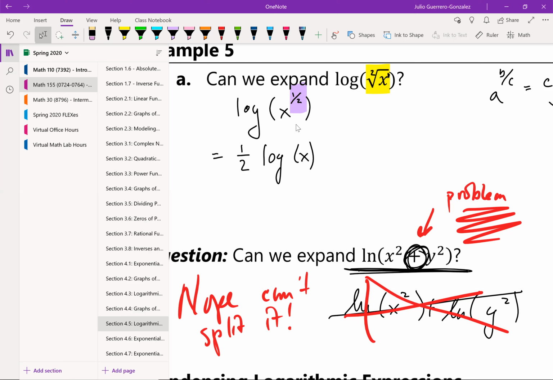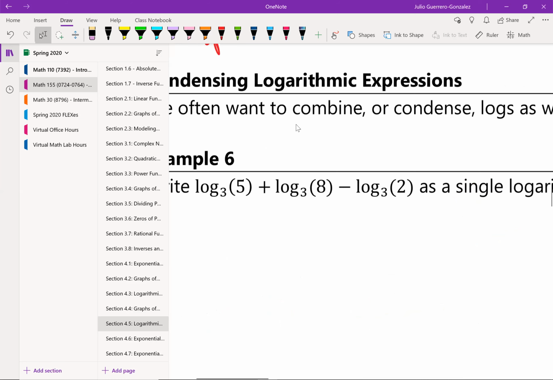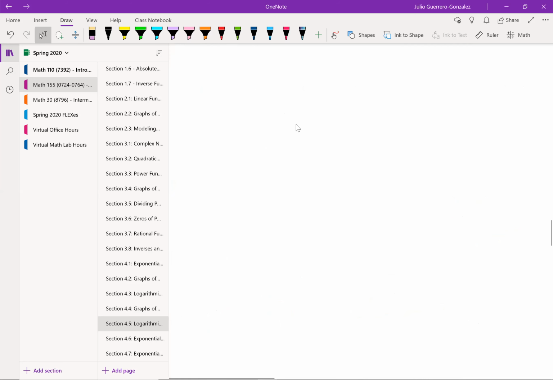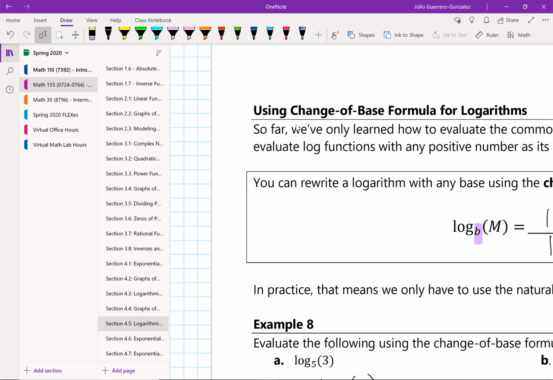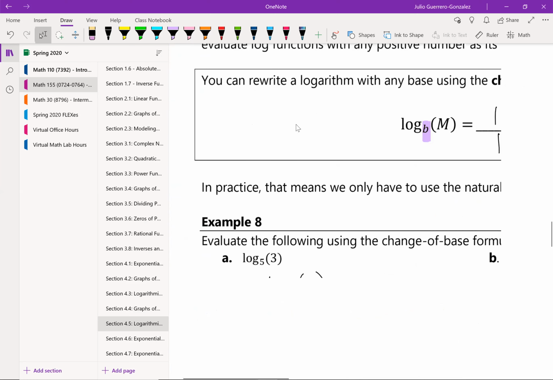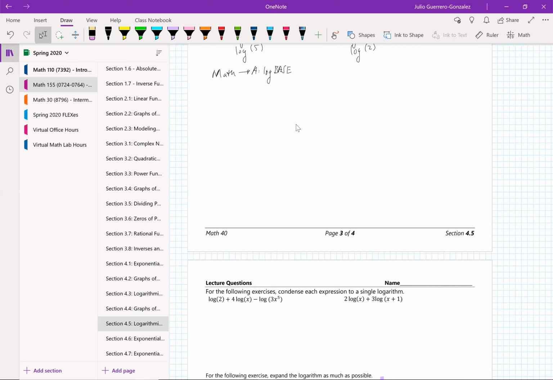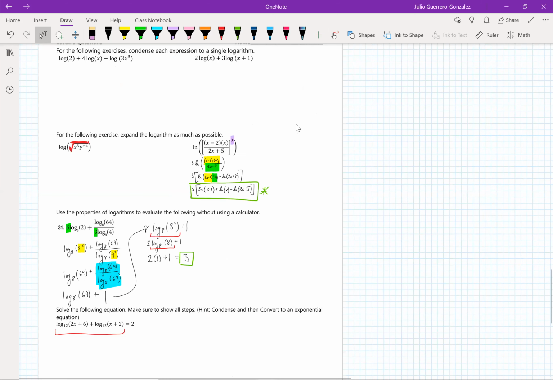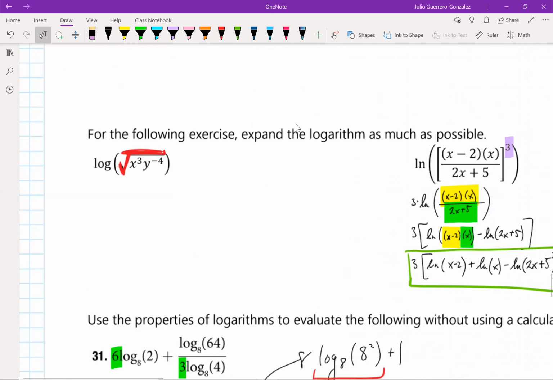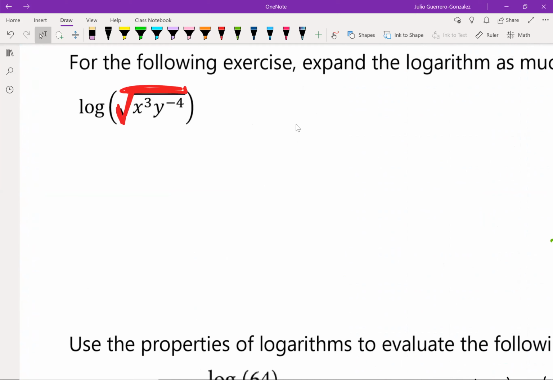Okay, so it would be log of x squared, and then... For which one? For the one I was doing earlier. This one, right? Yeah. So what does the square root do?